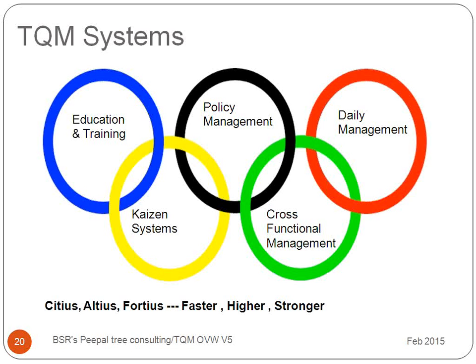Education and training, policy management, daily management, Kaizen systems, and cross-functional management are the key TQM systems that one could talk about. Of course, we have the presidential diagnosis and other aspects. They can be a part of some of these systems. So primarily we can say 5 key systems that need to be implemented. That is what gives the holistic picture of TQM to any organization.